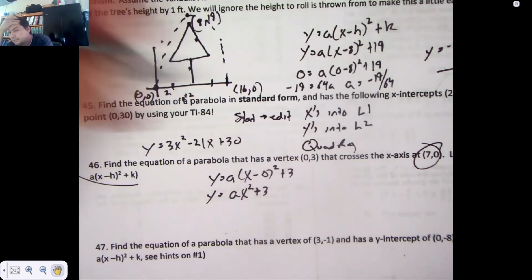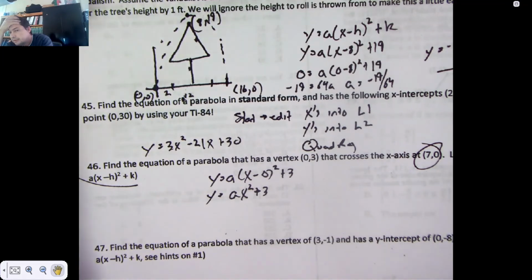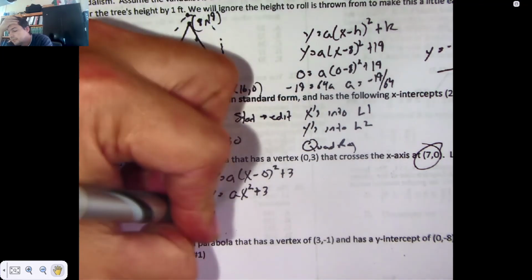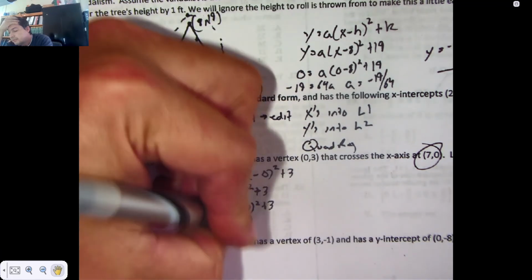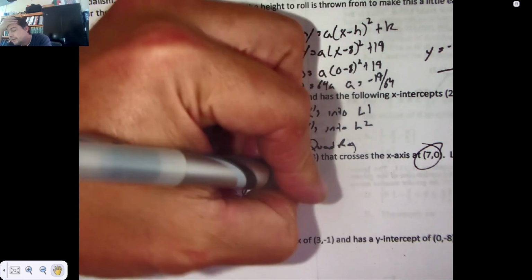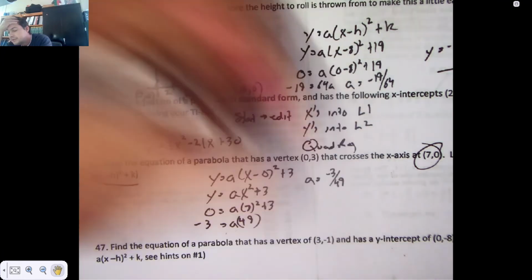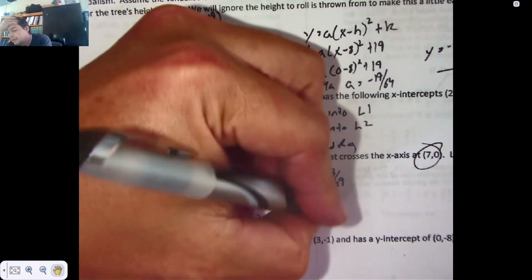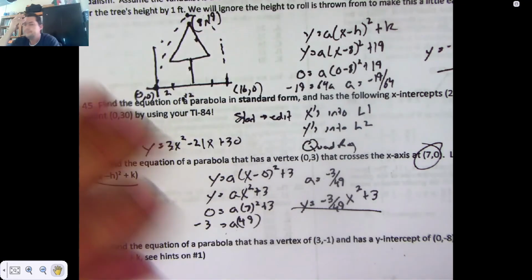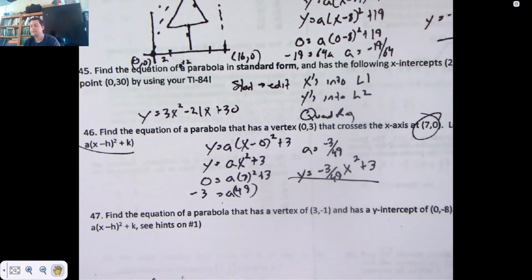Now I have this point. Everywhere I see x, I'm 7. Everywhere I see y, I'm 0. 0 equals a times 7 squared plus 3. Subtract 3, square the 7, divide by 49. A is negative 3/49. So in vertex form, I am y equals negative 3/49 of x squared plus 3. Done. Just leave it in vertex form.